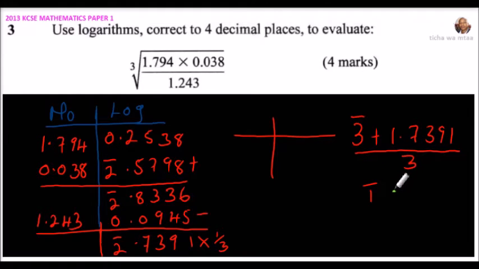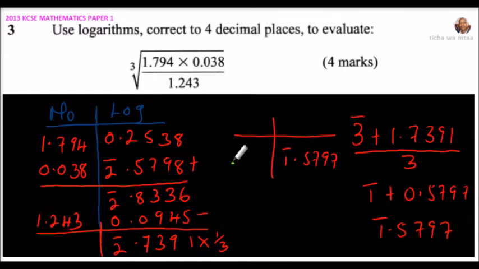And then you divide 1.7391 by 3, and you get 0.5797. So this will give you bar 1.5797.